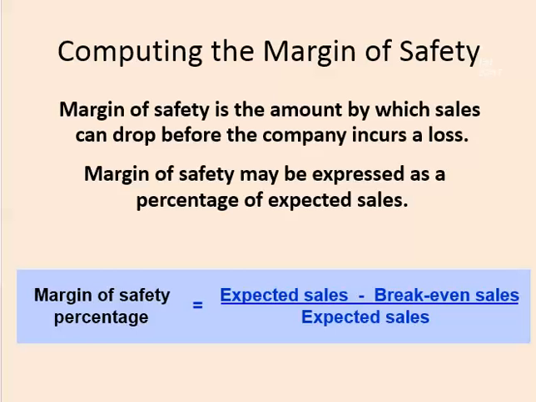Last topic here, we'll talk about margin of safety. So this tells us how much sales can drop before the company will start incurring a loss. And margin of safety can be expressed as a percentage of expected sales. And here we take the expected sales minus the break-even sales divided by the expected sales. And that will give us a margin of safety percentage.